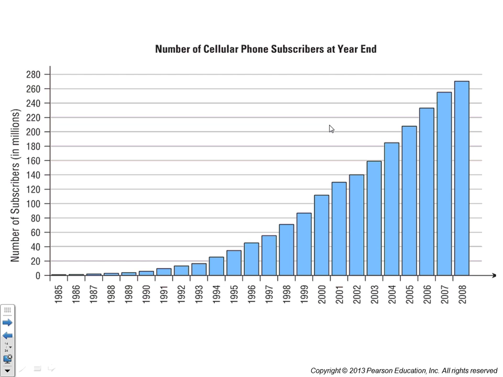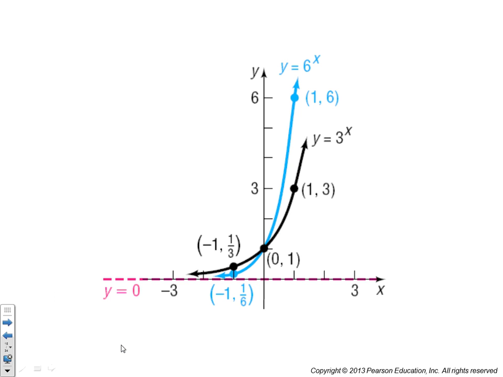So if we look at some data of the number of cellular phone subscribers at year end, it has a nice little exponential growth to it. So we start out kind of small, and we get bigger, bigger, bigger, bigger.